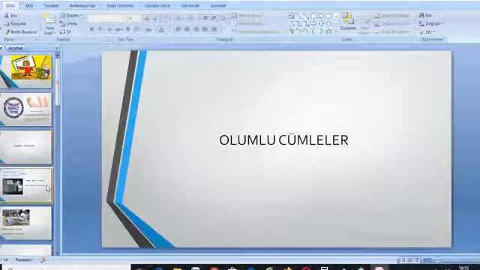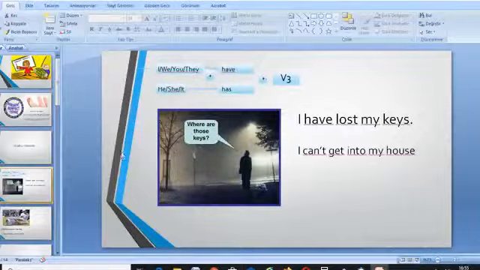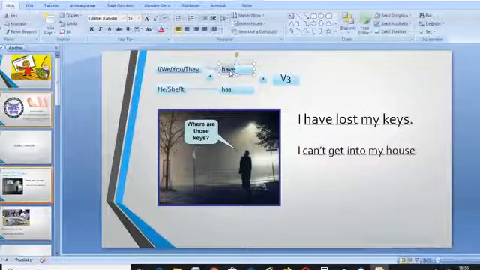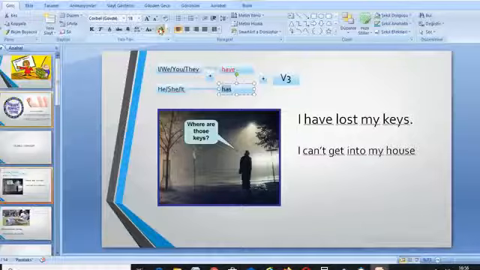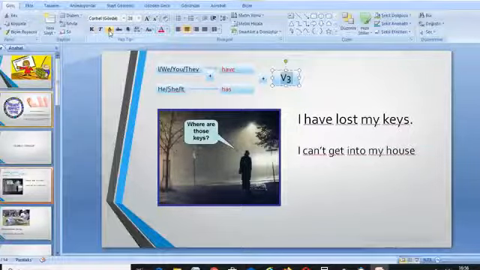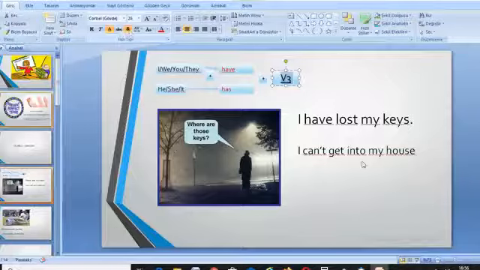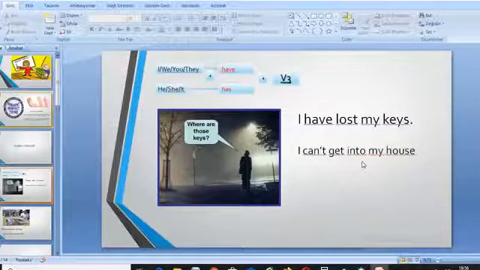Okay, positive sentences. Look, in positive sentences, we use have and has, and then verb 3. Okay, the third form of the verb, the past participle of the verb.